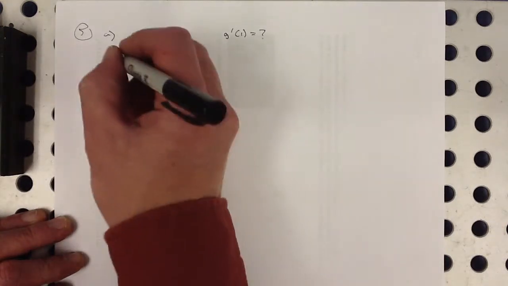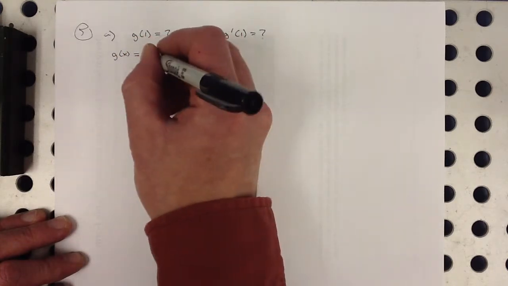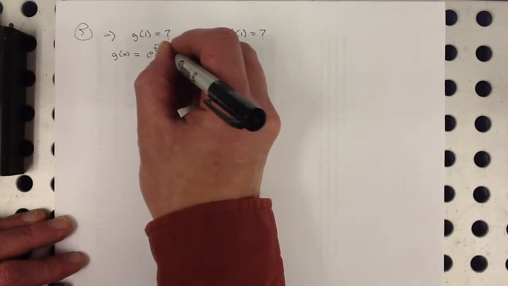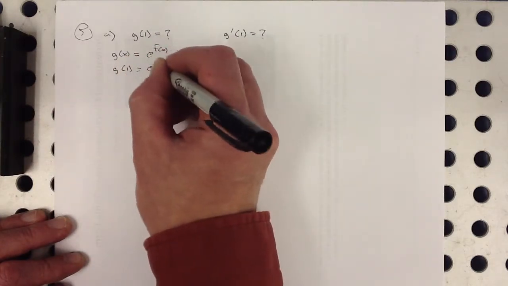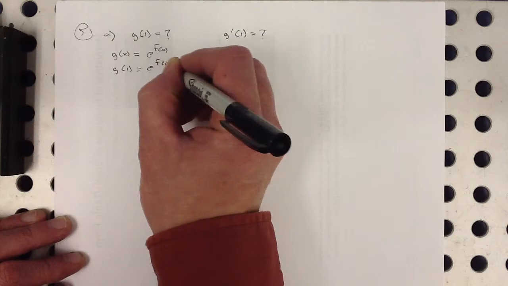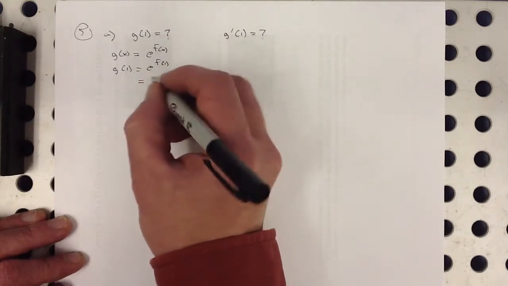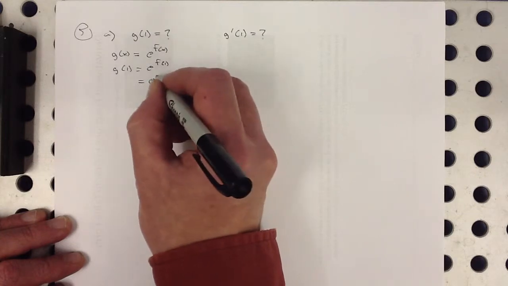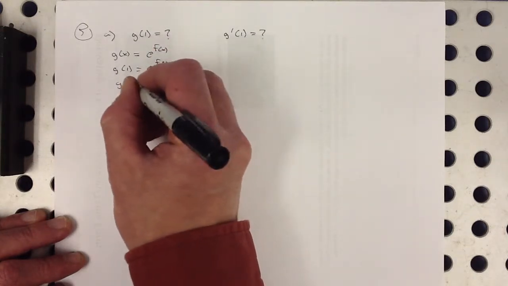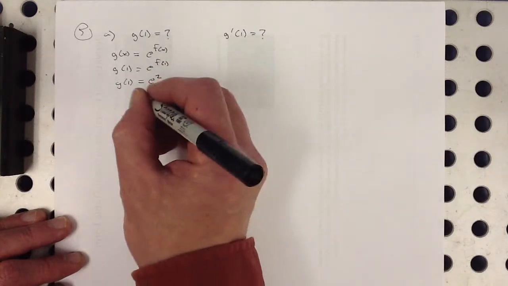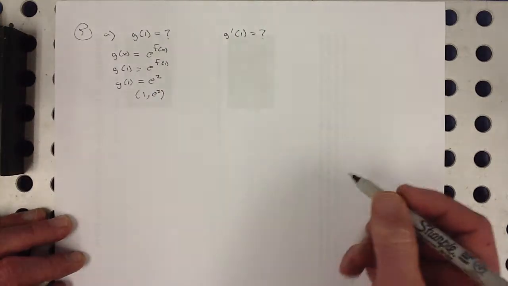The g function, g of x, is equal to e to the f of x. So g of 1 would be e to the f of 1, and that's the one value that they gave us. f of 1 is 2. So g of 1 is equal to e squared. So we have our point. The point that this goes through is the point 1 comma e squared.